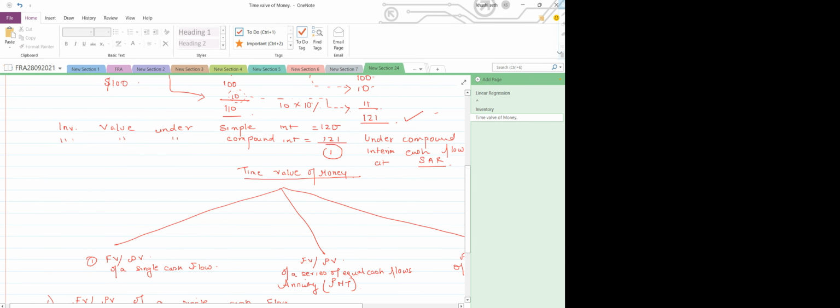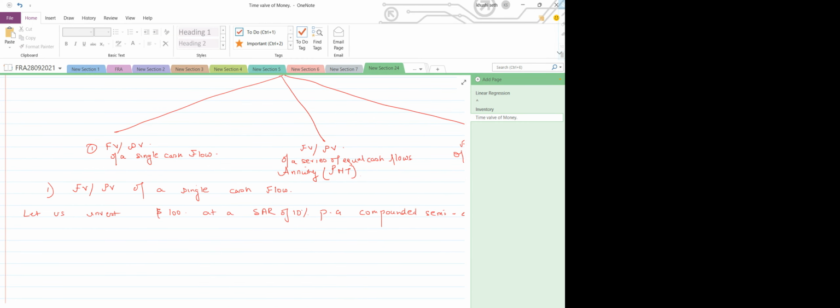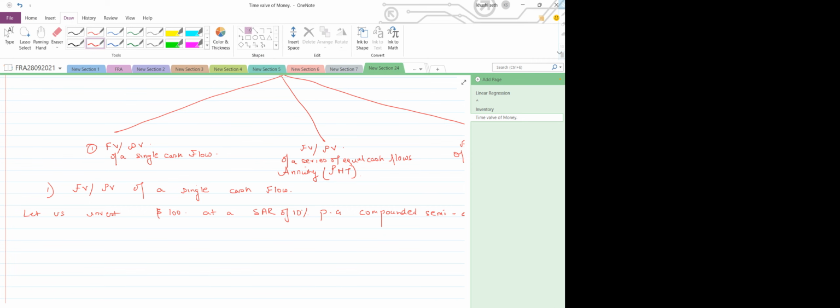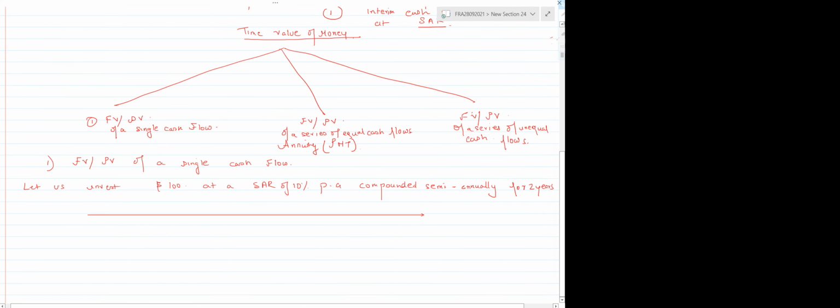At the cost of sounding very kiddish, we must have done all this in our school, right? So we are compounding semi-annually, so at time 0, time 0.5, time 1, time 1.5 years, time 2 years.